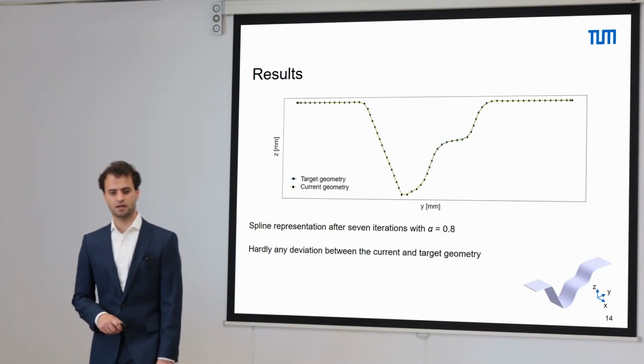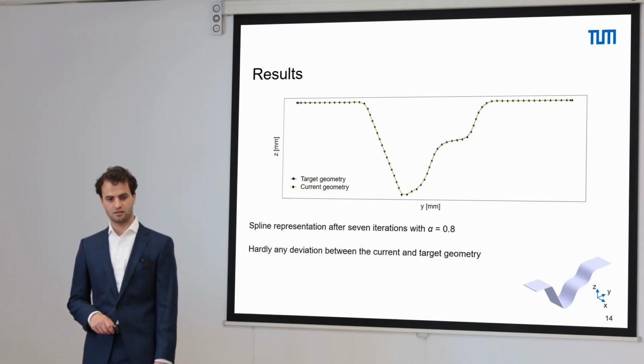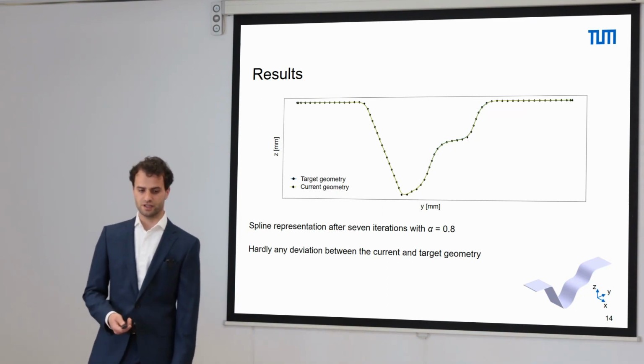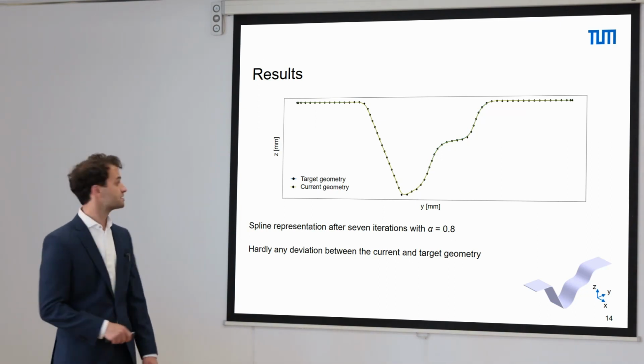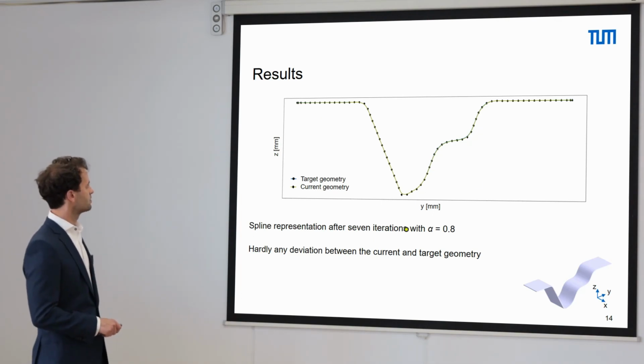But let's take a look at the spline representation, or the results of the control point compensation with an alpha equal to 0.8 after 7 iterations. As you can see in this image, we nearly don't have any deviation, neither here in the radii nor here in the spline part.